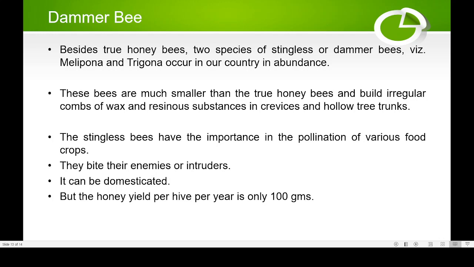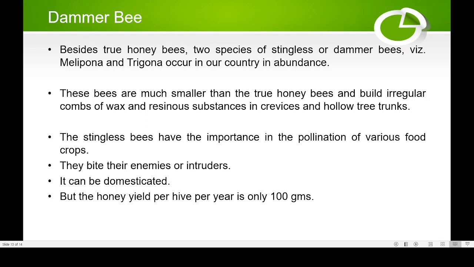These bees are much smaller than the true honeybee, and they do not produce a large quantity of honey. They produce only a very little quantity of honey. Going to the importance of this bee, they are known as stingless honeybees. Stingless honeybee means they will not attack, and their stings are not properly developed.